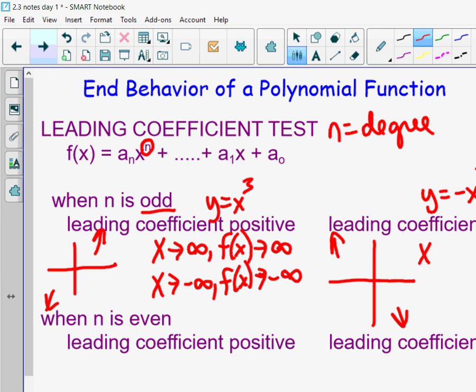So now if I go to positive infinity, what's happening to my y? Well, now it's pointing down, so it goes to negative infinity. And as x goes to negative infinity, the left side of my graph is now pointing up, so it's going to positive infinity. All right, this is called the end behavior of your graph.